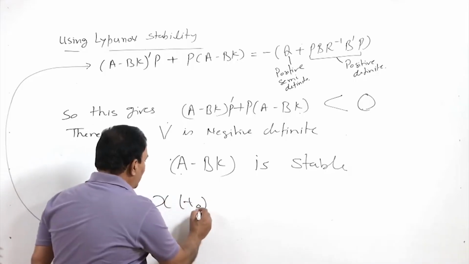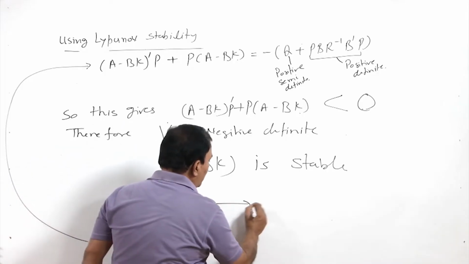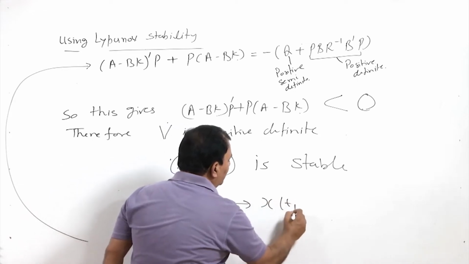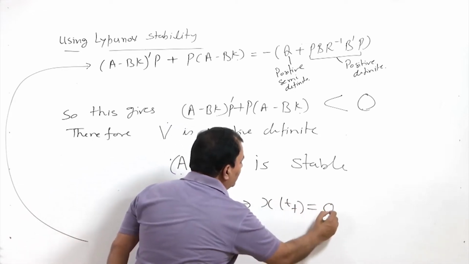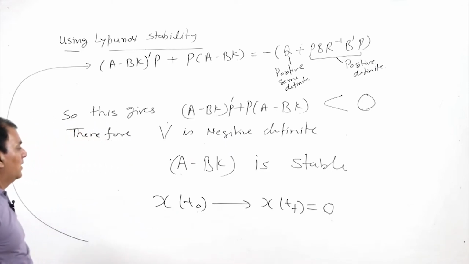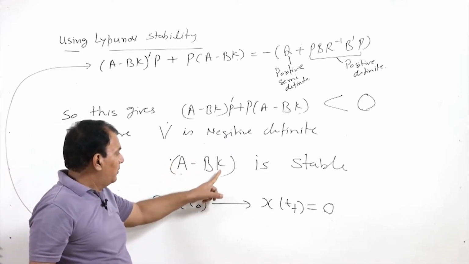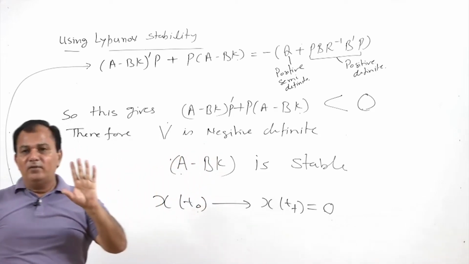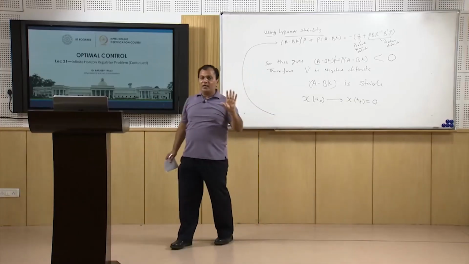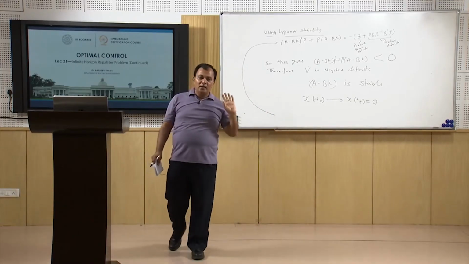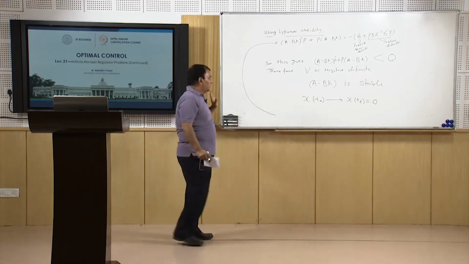So, what we are doing? We are shifting our state x t0 to x tf, which in this case is 0, because my A minus Bk always is a stable matrix, having all eigenvalues with negative real part.